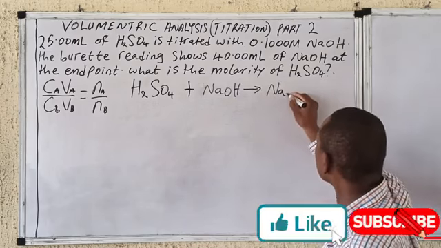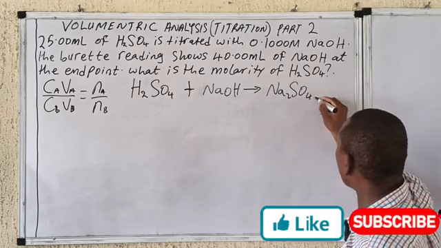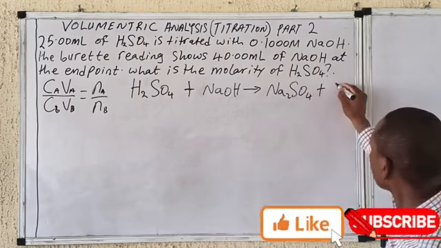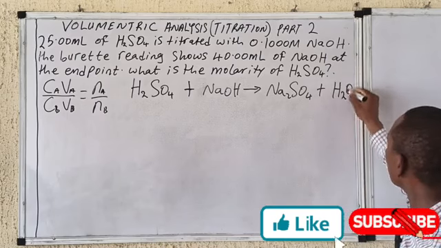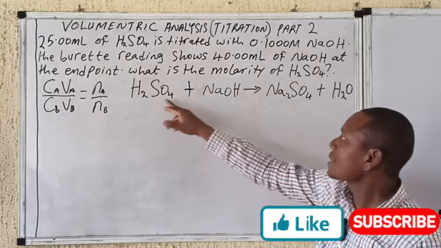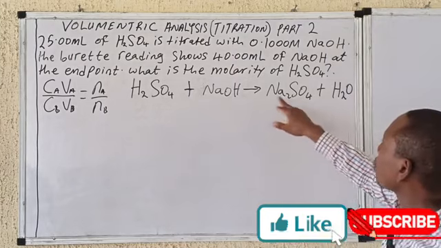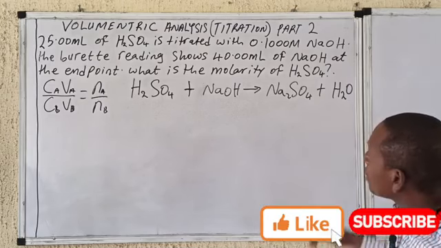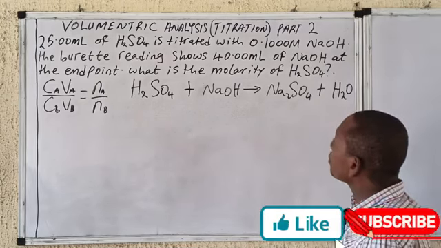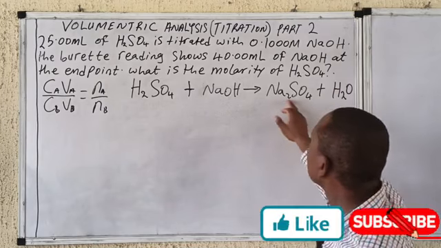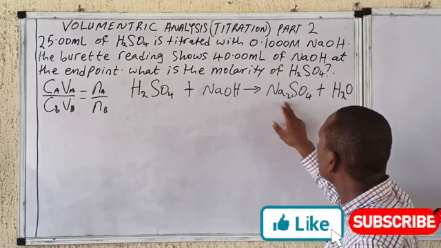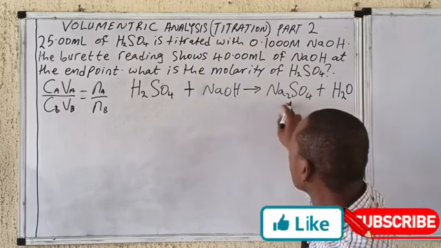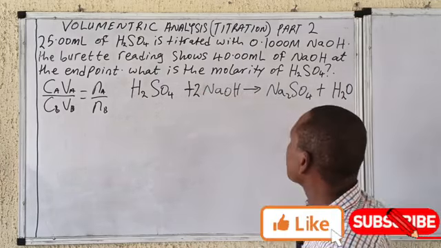Na2SO4 and H2O. So acid and base react to give what? Salt and water. So you have to balance the equation. Then we have 2 atoms of sodium here, so I'll just put my 2 here.